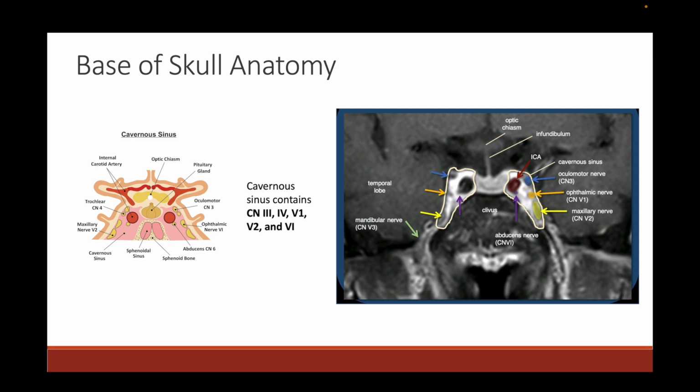And then, of course, if it's even more advanced, then the other nerves in the cavernous sinus can be involved as well. So again, just reinforcing why it is so important to do a full neurological exam in these patients. And that exam is really important because it helps us to figure out which cranial nerves might be involved. And then when we get an MRI, we can better correlate those clinical findings.